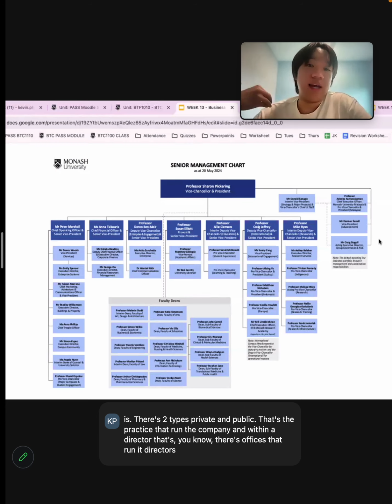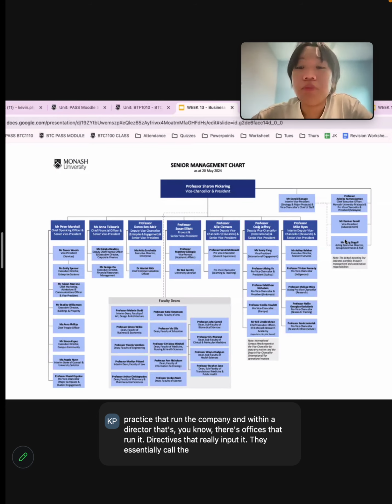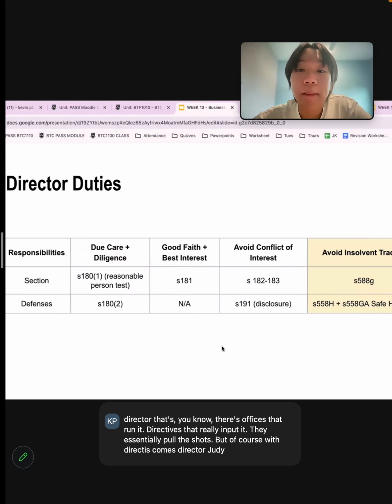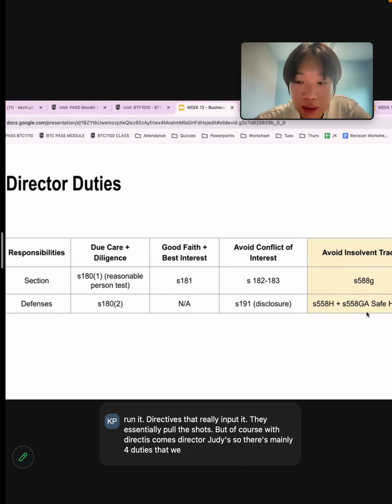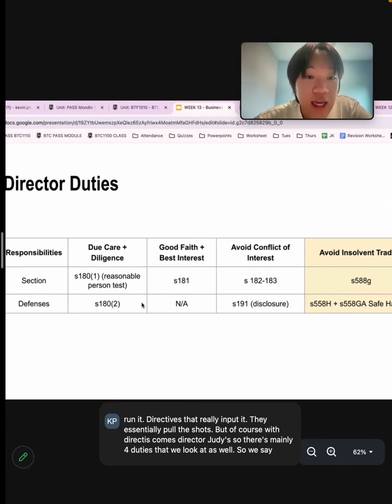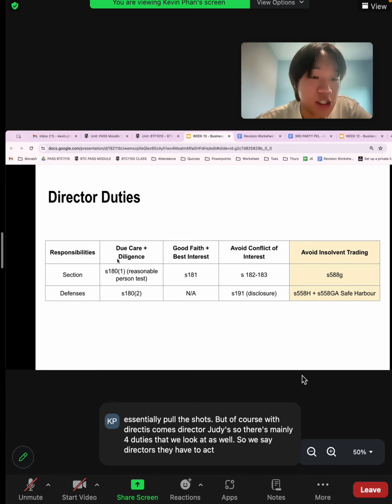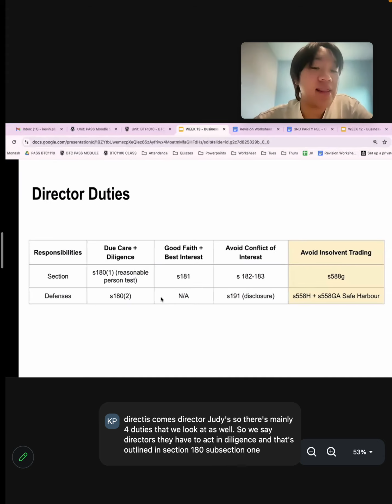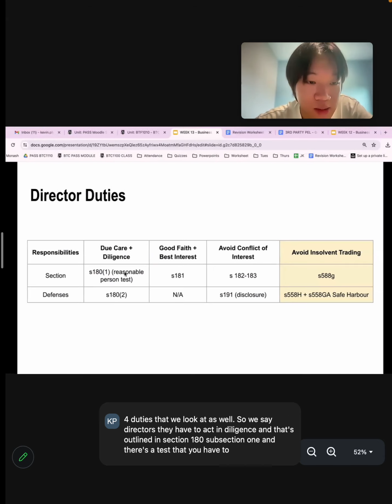Directors, they're really important. They essentially call the shots. But of course, with directors comes director duties. So there's mainly 4 duties that we look at. We say directors have to act with due care and diligence, and that's outlined in section 180, subsection 1. And there's a test that you have to follow for that as well.